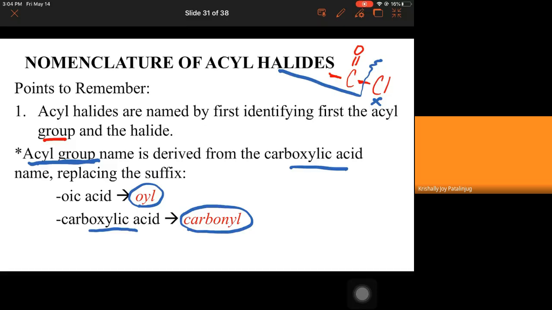Remember, we just discussed this. For an open chain carboxylic acid, change the ending E to oic acid. For a cyclic carboxylic acid, what is the suffix? Carboxylic acid. Therefore, if the derivation is a carboxylic acid ending in oic acid, simply change that to oyl. That makes it the acyl group name of the acyl halide. If cyclic, ending in carboxylic acid, change the whole suffix carboxylic acid to carbonyl. That makes it the acyl group.